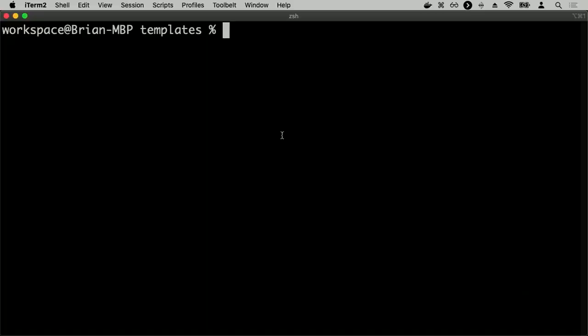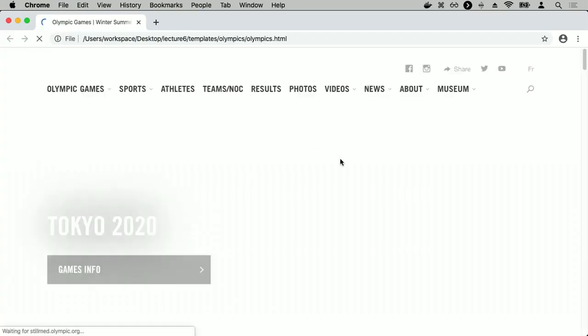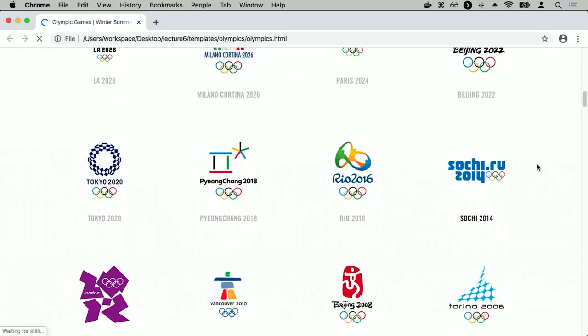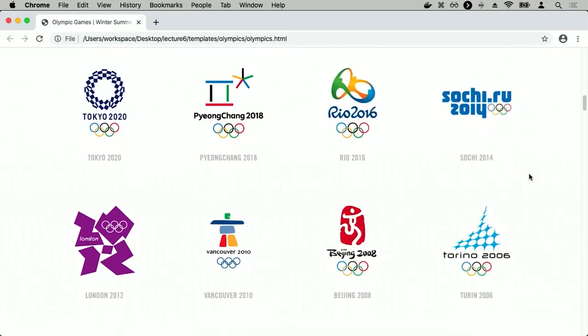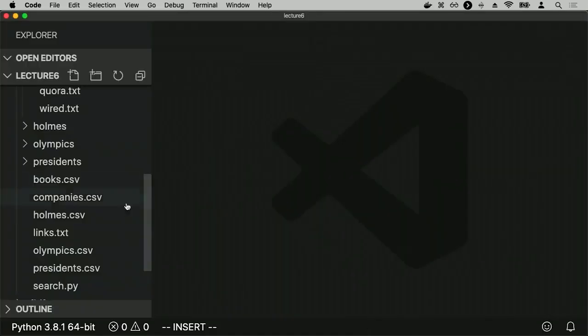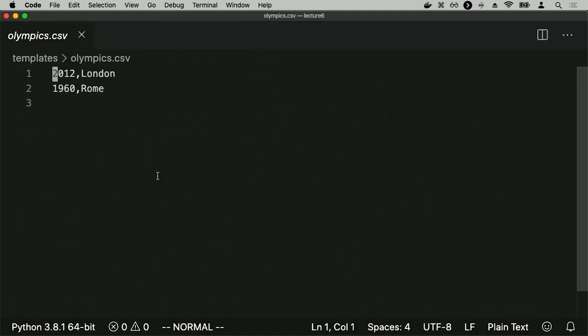So here's another example. If I open up inside the Olympics, here is a scraped version of the Olympic homepage that has information about various different Olympics, and maybe I want to extract Olympic locations and years from this particular page. Well, the way I can do that is using the exact same algorithm of just saying, all right, here are two Olympics and where they were located, so 2012 London, for example.